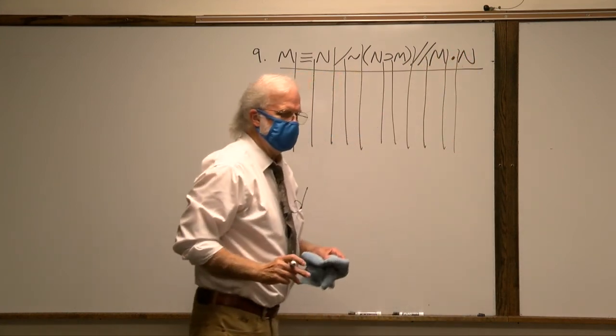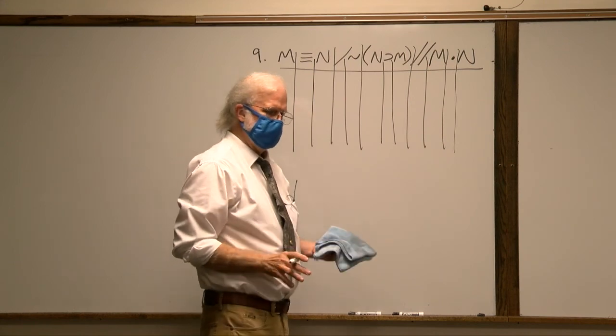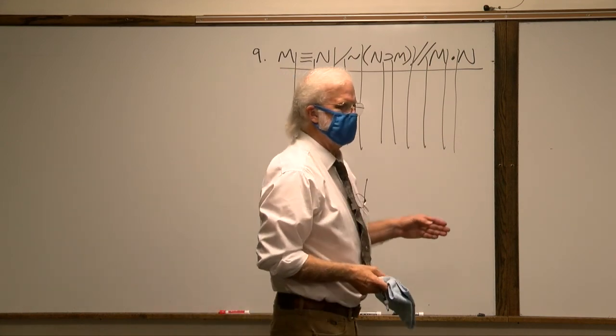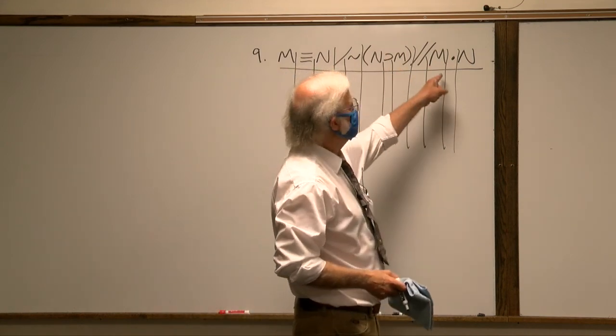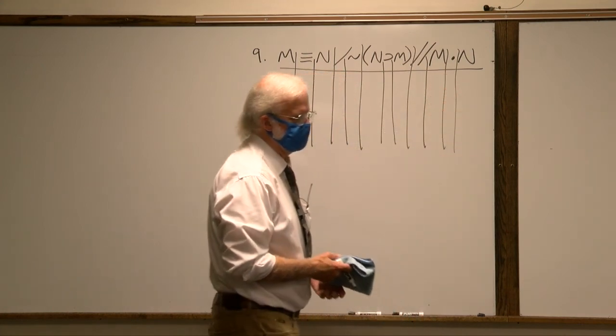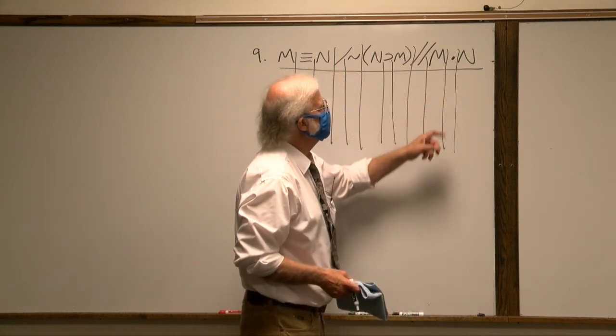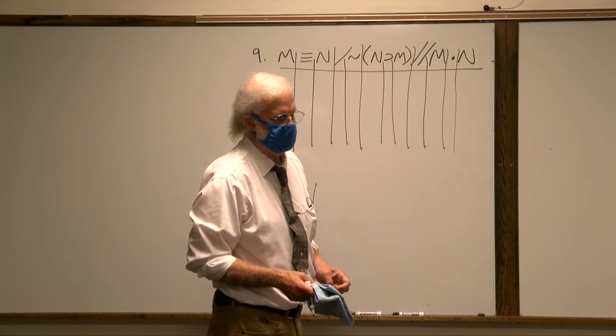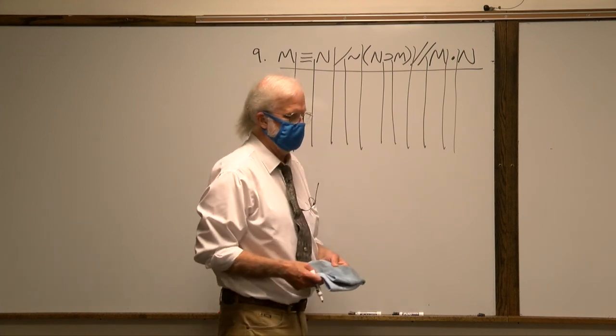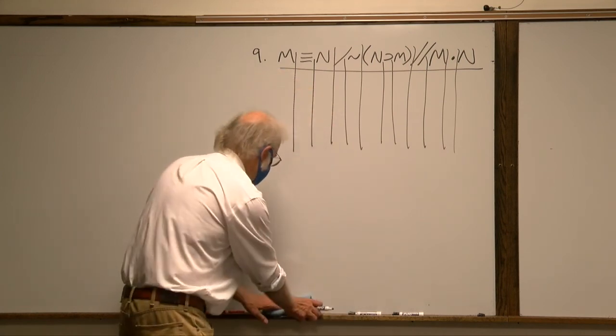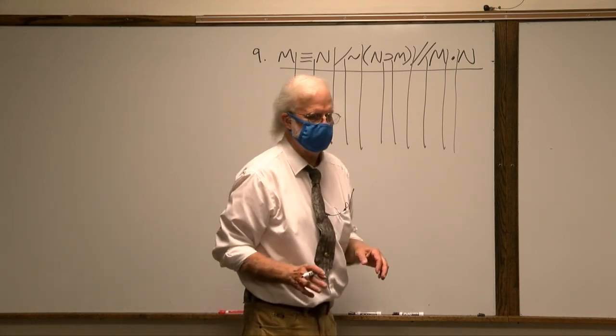Now, what determines the number of rows? The number of rows in this technique is always determined by the nature of the conclusion. Here, the conclusion is a dot, and we want that dot to be false. Question, how many different ways can a dot be false?